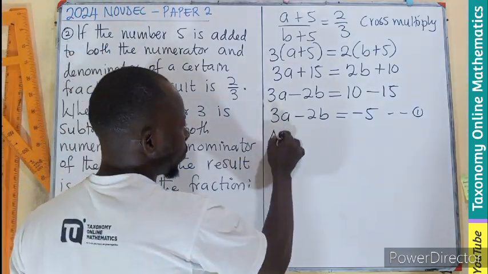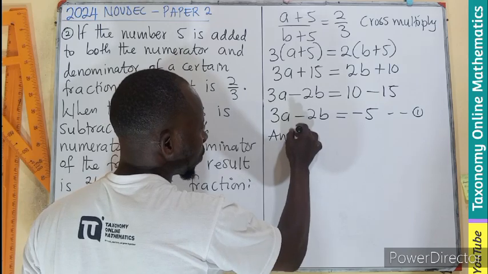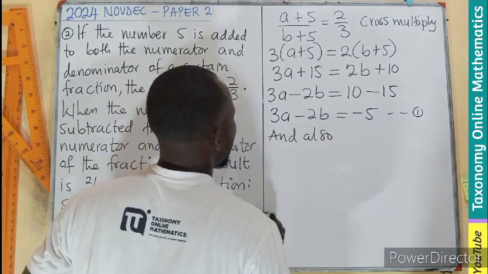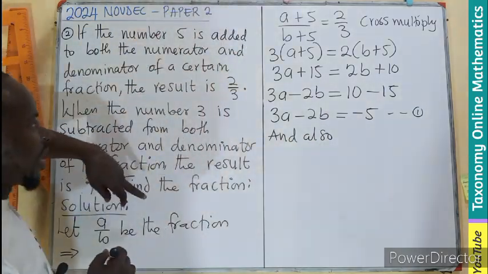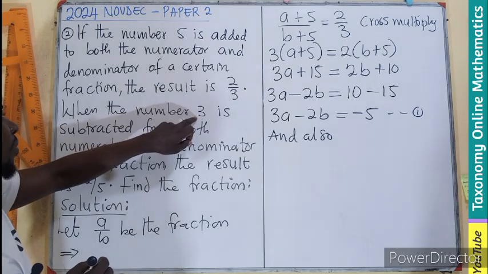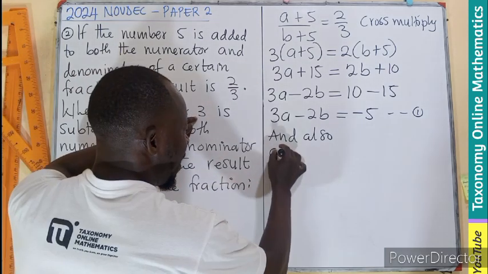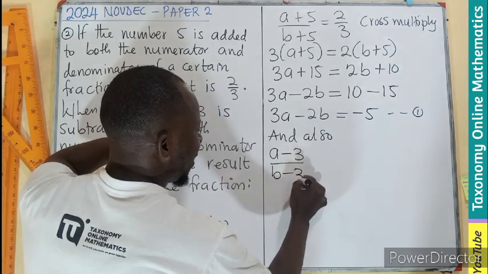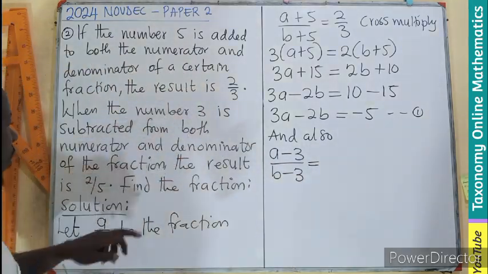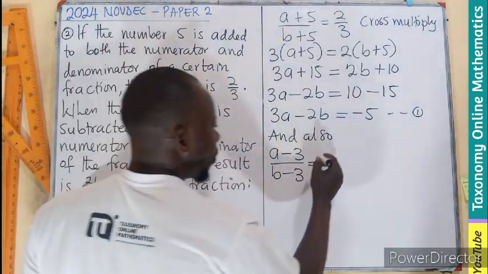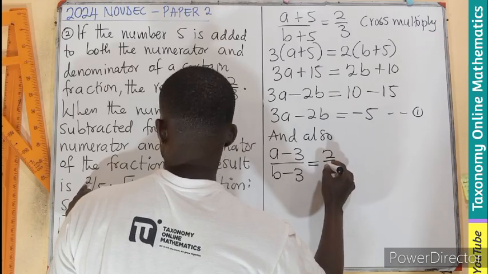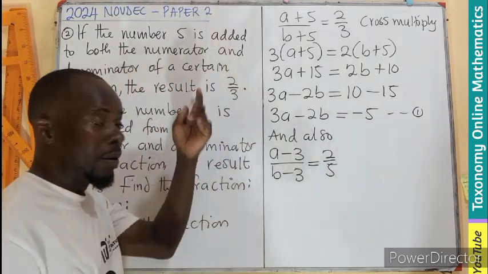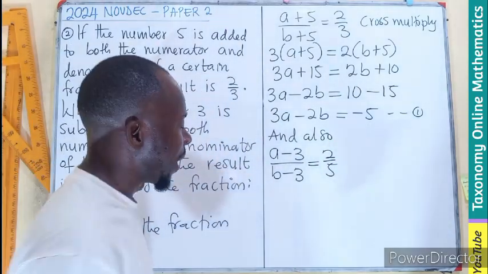Then also, if the same fraction, we subtract 3, meaning a minus 3, b minus 3, we are having the result of that fraction become 2 on 5. With the same approach, we cross multiply.